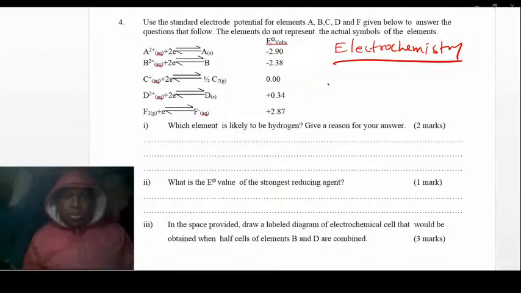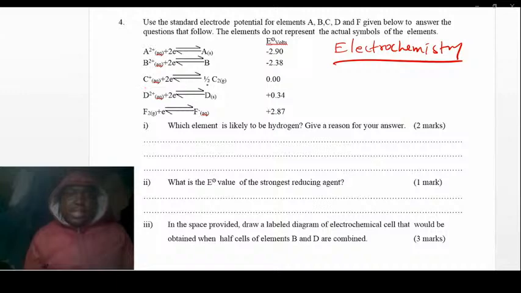Now I want to tell you one thing: the most positive and the most negative will produce the highest EMF. So when you look at element F and element A, because the most negative is A and the most positive is F, when you combine them, they will give you the highest EMF.